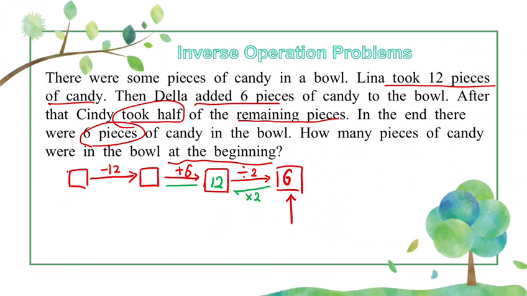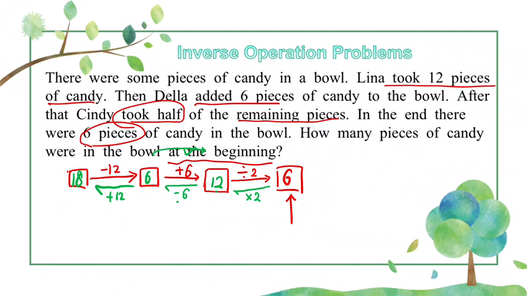If you want to reverse reasoning, you need to minus 6, just flip the symbol. So 12 minus 6 is 6. And then 6 plus 6 is 12. And then 6 plus 12 is 18. So it means at the beginning, the number of pieces of candy is 18.